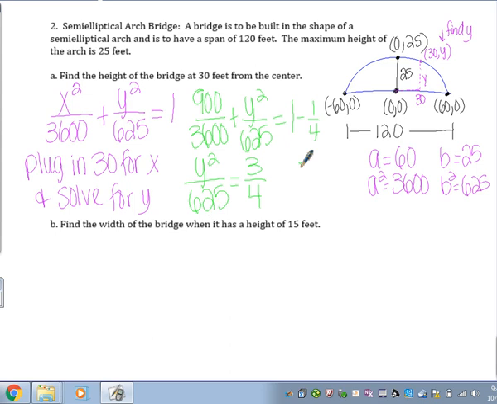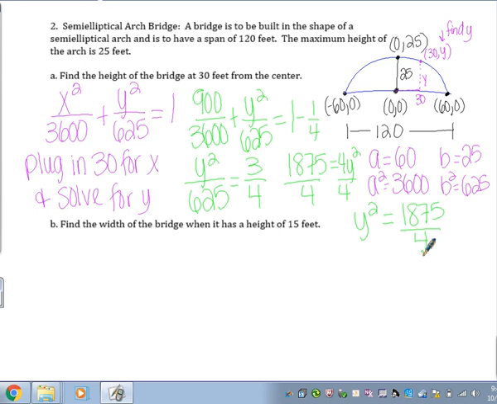So when you do 625 times 3, you get 1875, right? Equals 4y squared. Divide by 4. So I have y squared equals 1875 over 4.